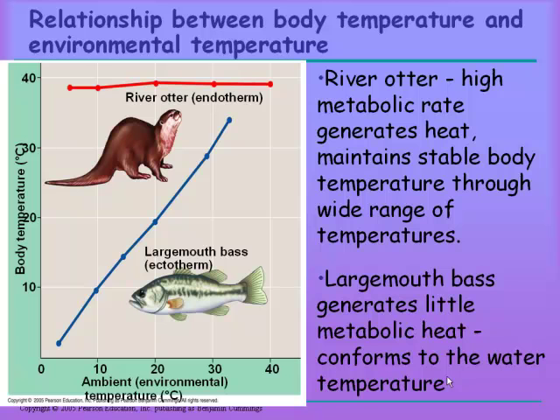From, this is in centigrade, around 5 degrees up to 40, the internal temperature remains the same. Whereas this largemouth bass, an ectotherm, you can see the temperature is low, and it increases its internal temperature as the external temperature increases. So it conforms to the water temperature.